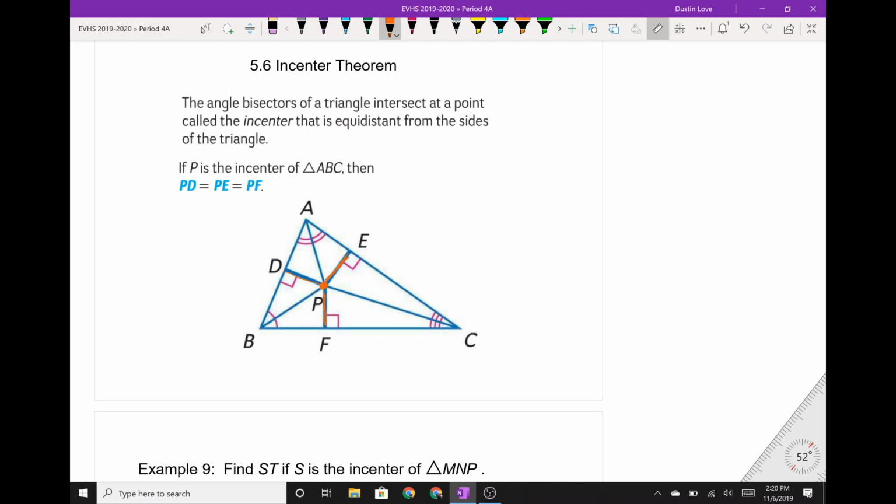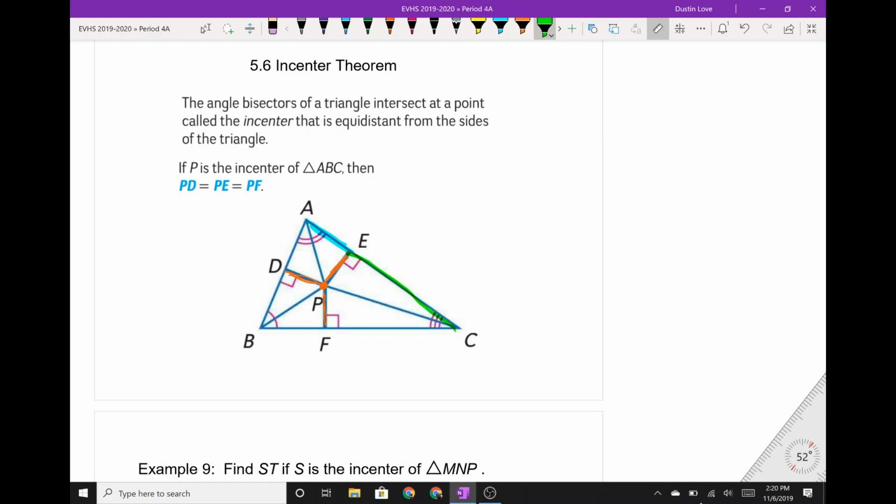PF is congruent to PE, is congruent to PD. Now at first that looks very similar to the other picture we've drawn until you realize that, notice that AE right here definitely is not the same length as EC.